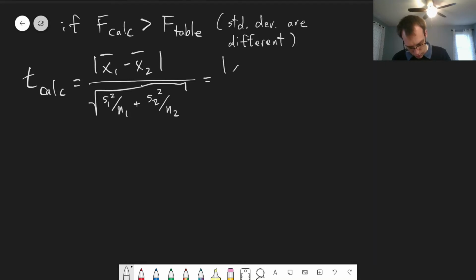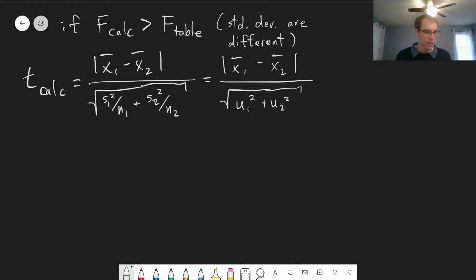We can also rewrite this with a slightly different definition and call this u1 squared plus u2 squared, just to make this slightly easier.